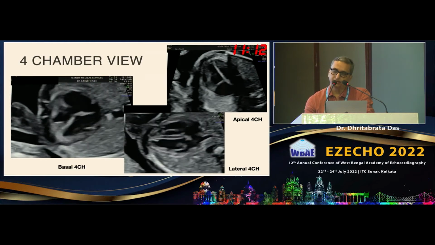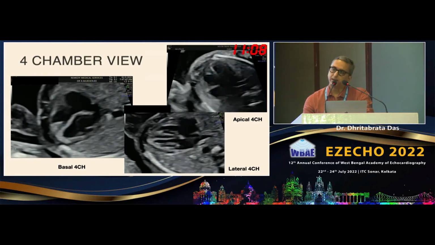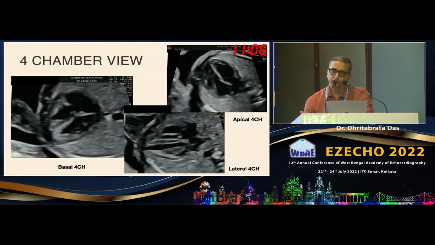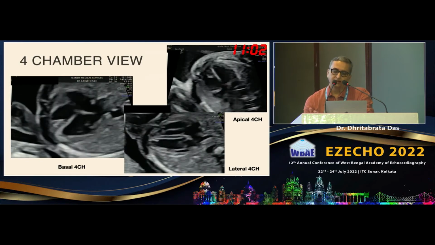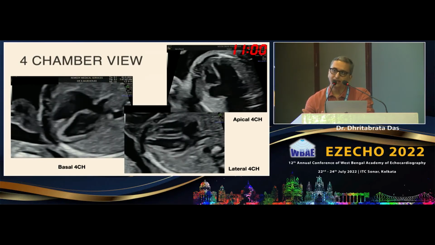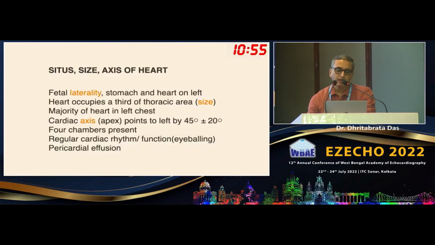It can be a lateral four-chamber view where we are looking from the side of the heart, or it can be an apical four-chamber view as we are used to see. And each of them has their own advantages and disadvantages, and we should utilize that properly to get the final diagnosis. I'll come into the details of the four-chamber view later.